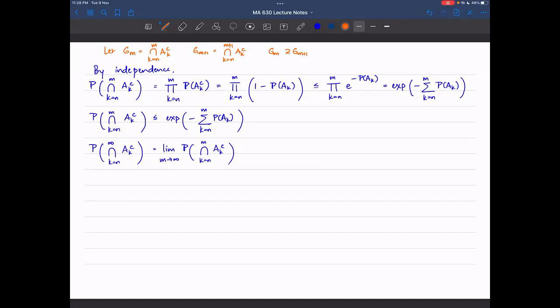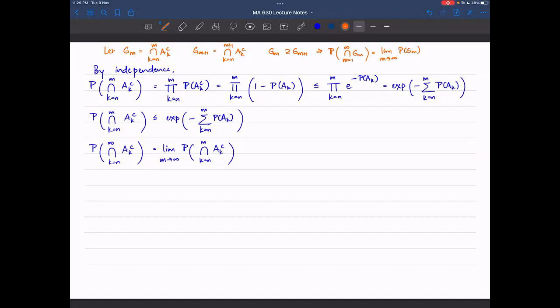In other words, what you have here is a decreasing sequence of sets. And you remember that for a decreasing sequence of sets, you have continuity from above, right? Probability of the intersection is the limit of probabilities. So what you have is limit m going to infinity P of Gm. Right?